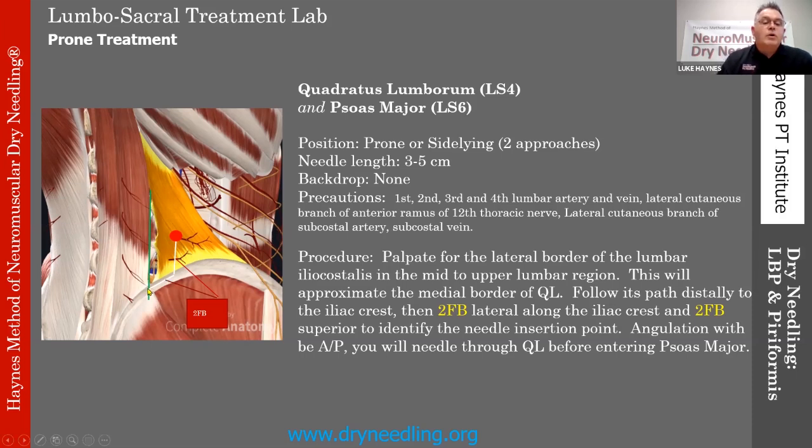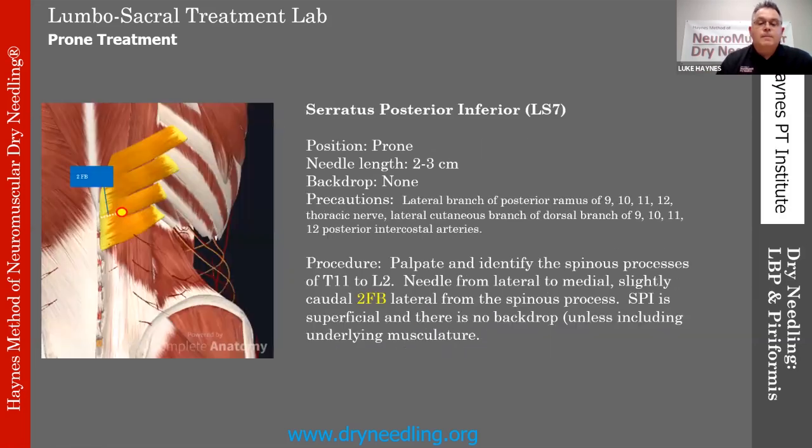So at that lateral border on the iliac crest, we're going to move 2 finger breadths more lateral, and then we're going to move 2 finger breadths superior. And that needle placement just completely posterior to anterior, 3 to 5 centimeters will give our depth, our location for dry needling into the QL and psoas major.